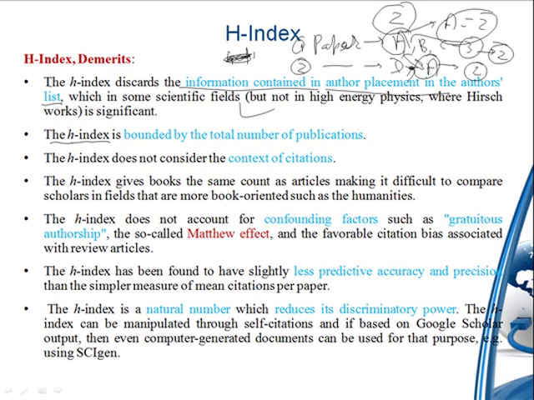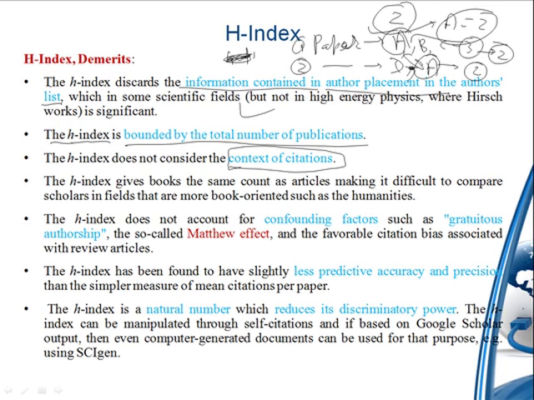The H index is bounded by the total number of publications. It is clear from the previous examples that it already uses the count of publications. The H index does not consider the context of citation.